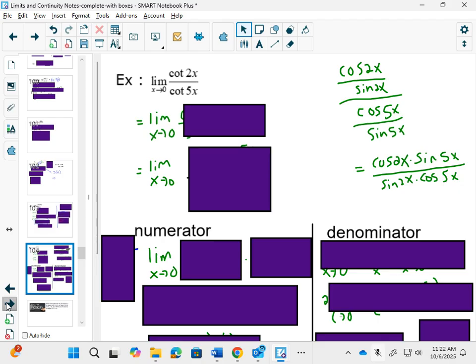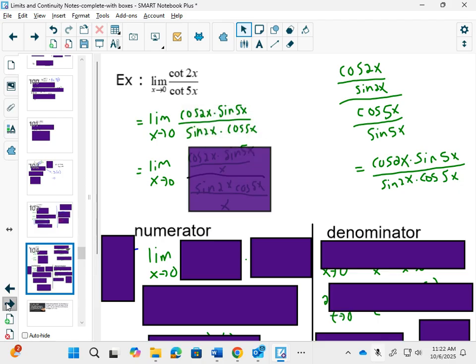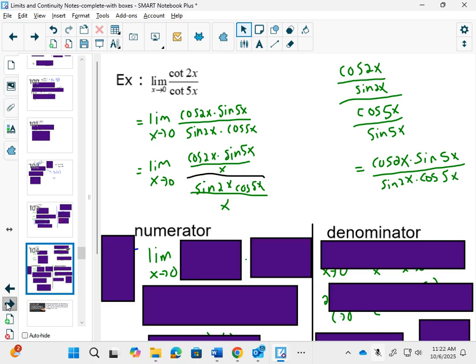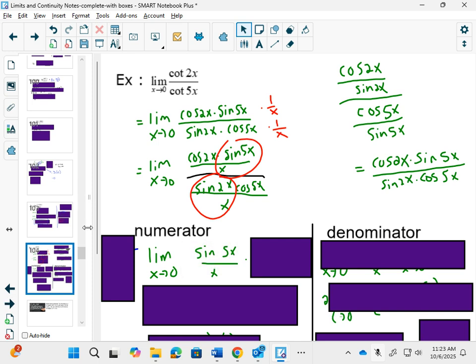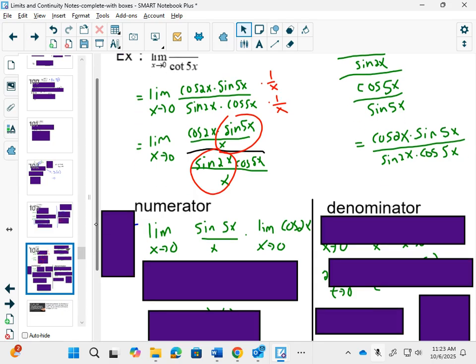So we have this, which we could break up by multiplying everything over x. So if I take this and I multiply it by 1 over x, and I take this and multiply it by 1 over x, because I'm wanting to get things like this, right? So again, we can split things up and look at our numerators first. We've got sine 5x over x in our numerator, and we can multiply that by the limit as x goes to 0 of cos 2x.